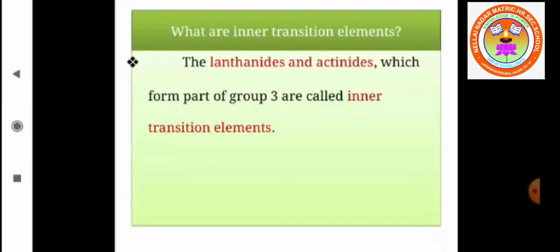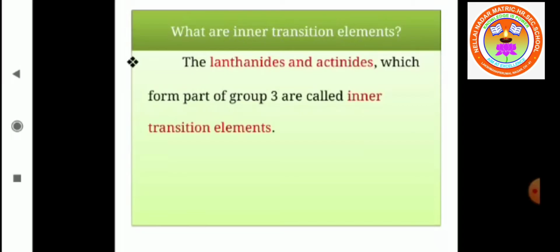Each row consists of 14 elements. So excluding lanthanum and actinium, we have got 28 elements. When we add lanthanum and actinium, we have 30 elements. So lanthanides and actinides are collectively called inner transition elements and they belong to group number 3.